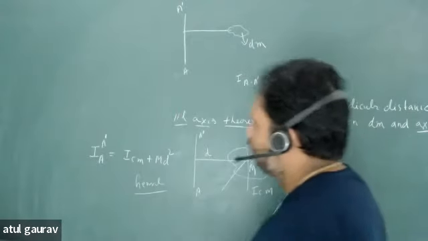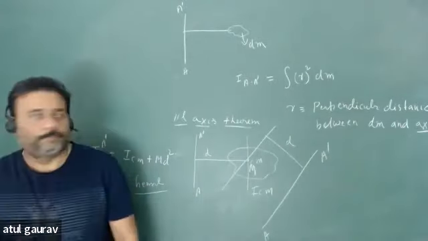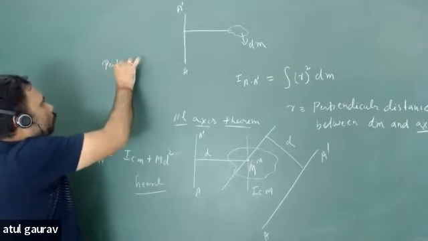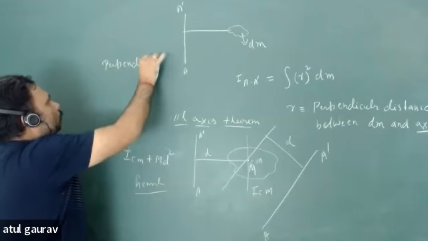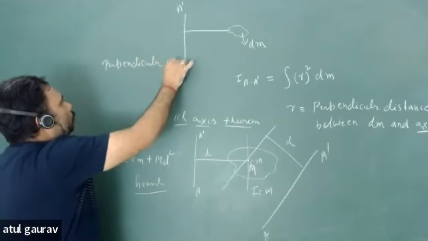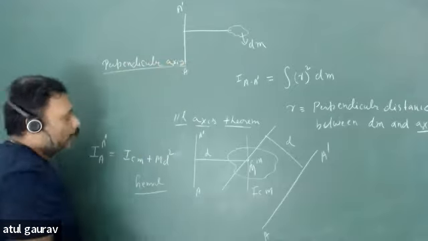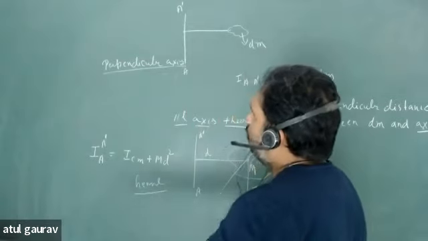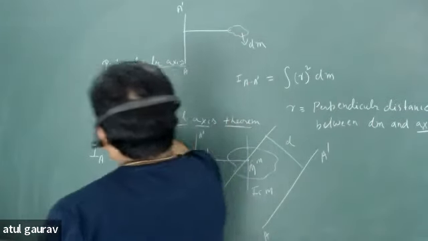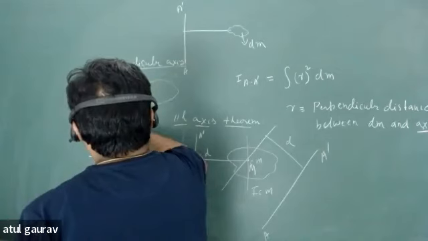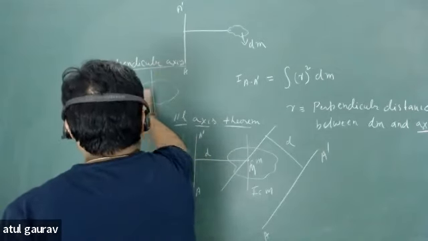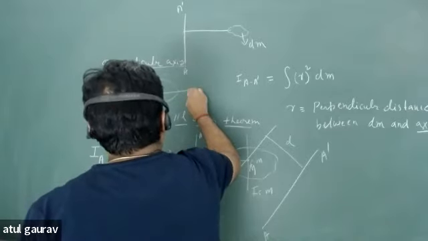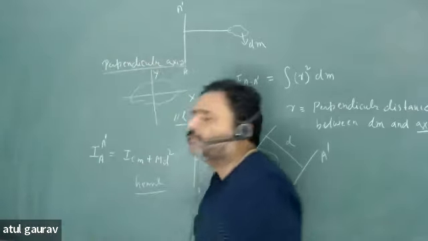And second is the perpendicular axis theorem. So what will be your perpendicular axis theorem? If you have a distribution of mass in the x-axis and y-axis, this is mainly used for a plane.